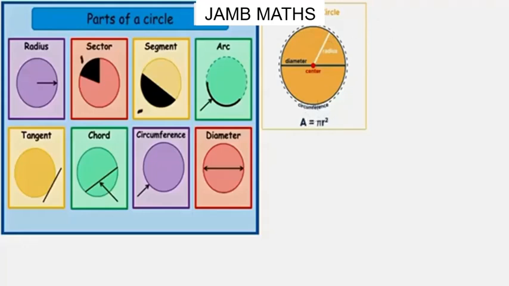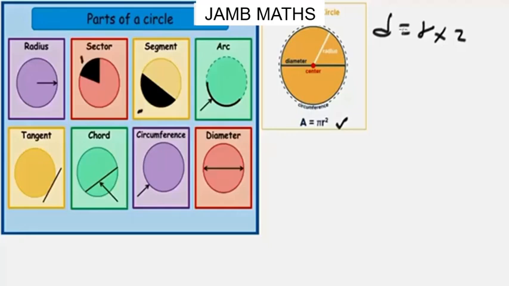Now the area of a circle, as you can see, is calculated using pi r square. Now the diameter of a circle can be calculated using radius times 2. Okay, so diameter is simply the double of radius.